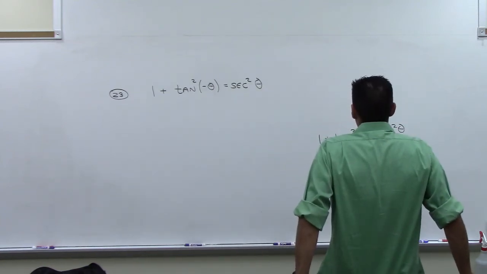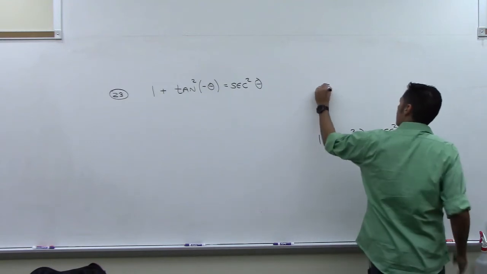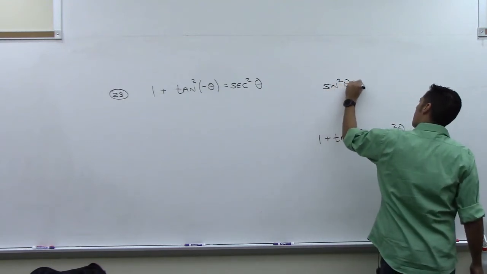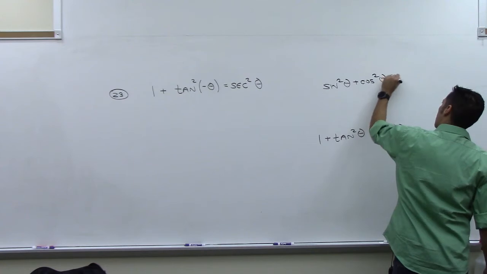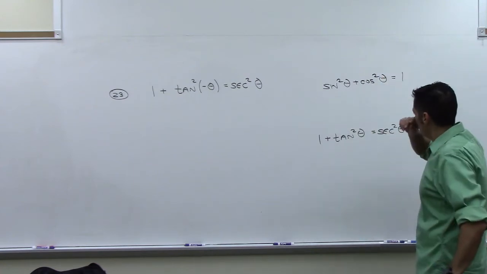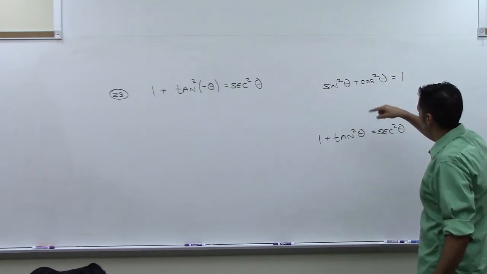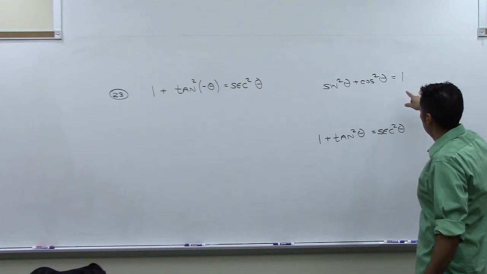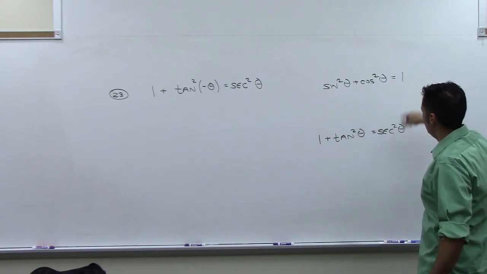Something ain't right. What are Pythagorean identities? Okay, that's the big identity. So tangent, I divide by cosine, cosine. And then here, cosine secant squared, yeah?